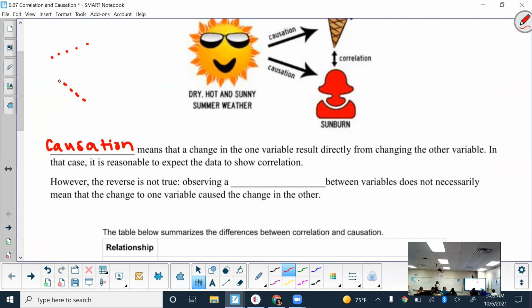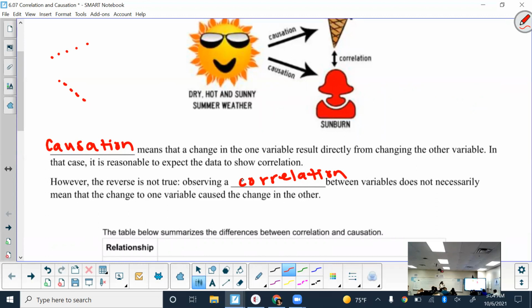If something directly causes something else. But the reverse of that is not true. Just because you observe a correlation between variables does not necessarily mean that the change in one variable caused a change to the other. So just because two things have a relationship doesn't mean that one causes the other.